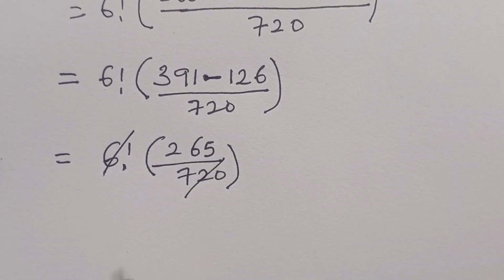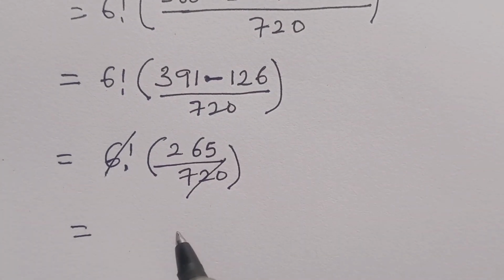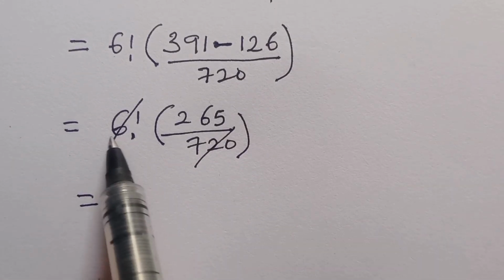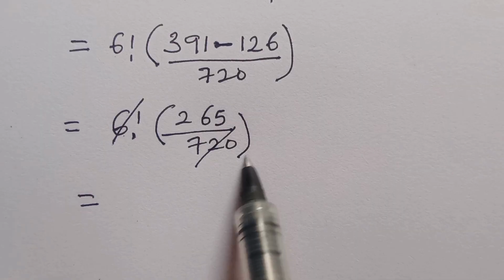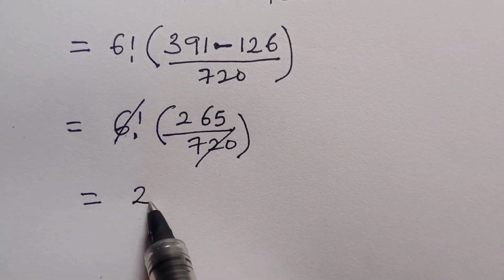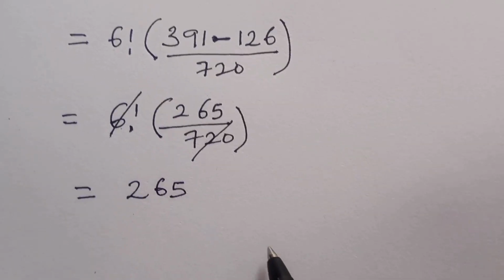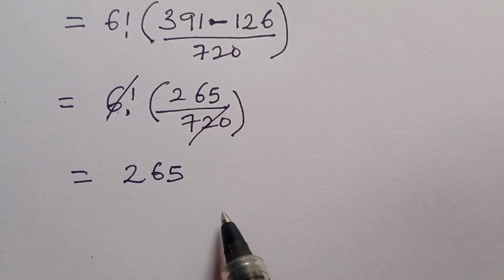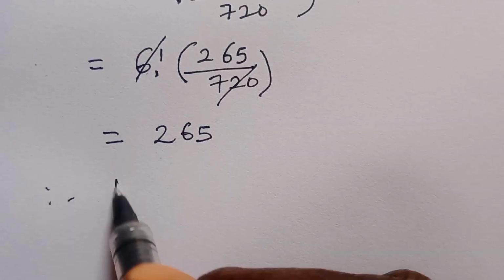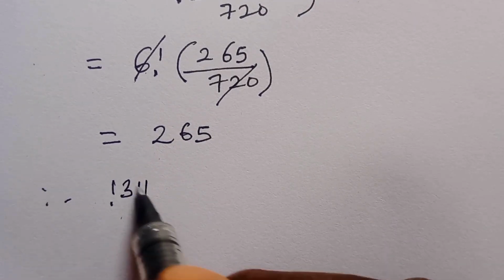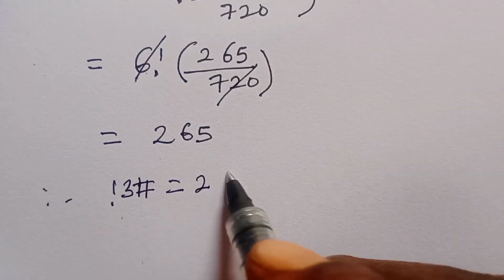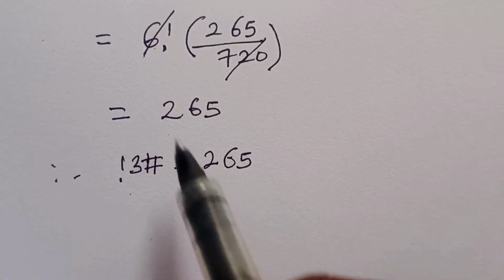Therefore, 6 factorial can easily cancel out 720. So once that's easy and straightforward, no edit, because 6 factorial just cancels out 720. We are left with 265. So what this is telling us is that the subfactorial of 3 primorial will give us 265 as the final answer.